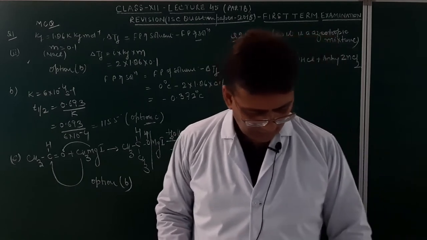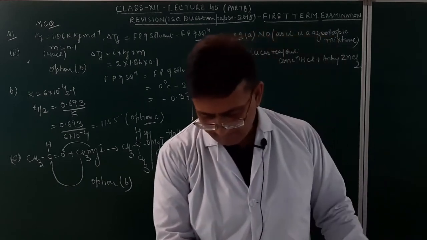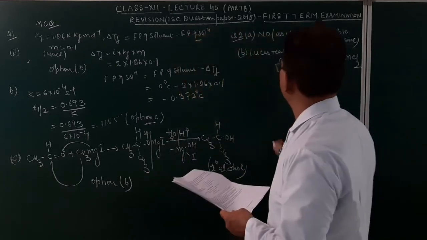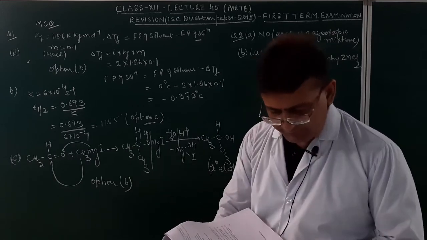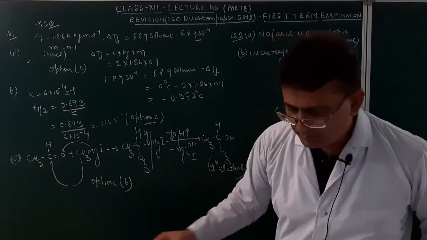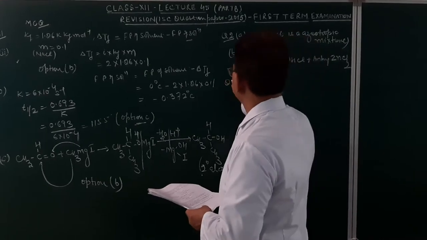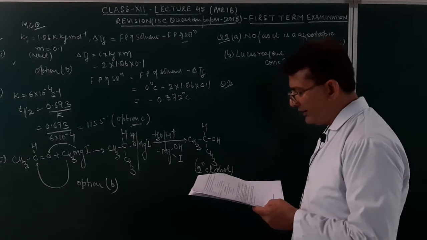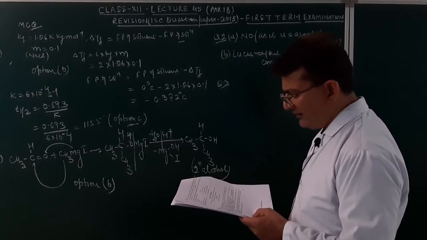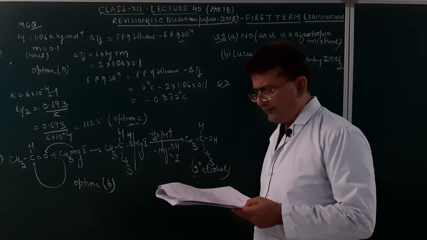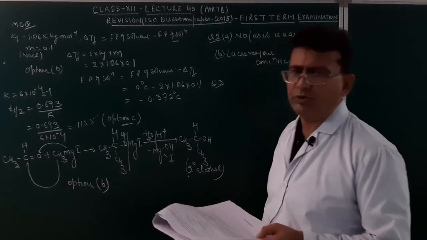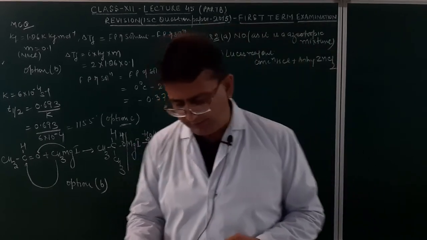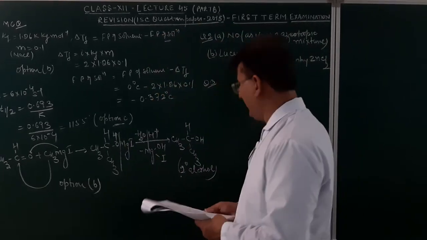Question number 3, a numerical portion. A solution containing 0.5 gram of KCl is dissolved in 100 gram of water and freezes at minus 0.24 degrees C. Calculate the degree of dissociation of the salt. So we have to find out alpha, the degree of dissociation of the salt.